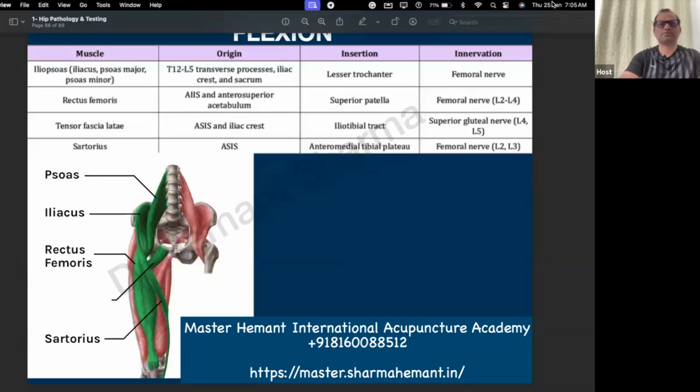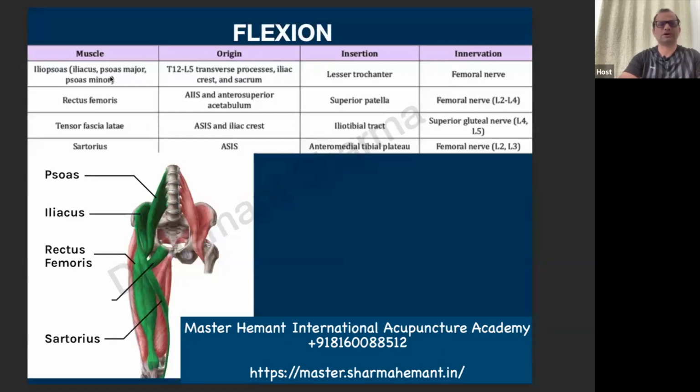The main flexor muscle is first the iliopsoas, which is the combination of iliacus and psoas major. Then the rectus femoris, tensor fasciae latae, and the sartorius.